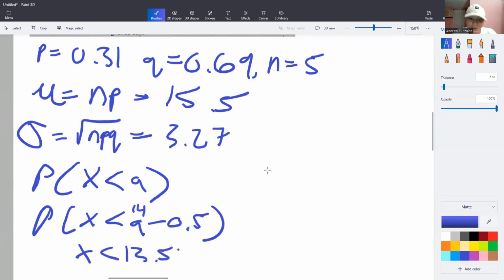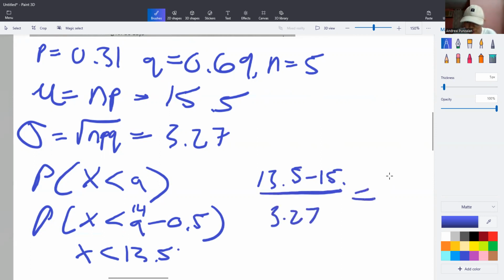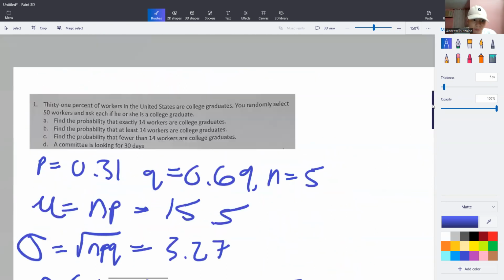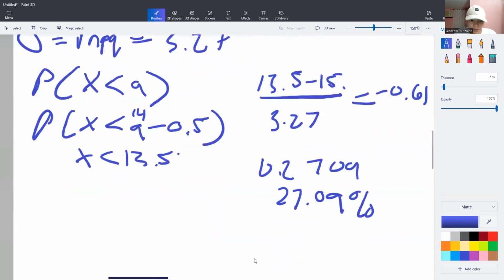Then value minus mean over standard dev to get the z: 13.5 minus 15.5 over 3.27. It's still negative 0.61. And negative 0.61 is 0.2709. If it's to the left, you don't have to subtract anything else. So our answer is 0.2709 or 27.09%. That's our answer for letter C, and for number 1.